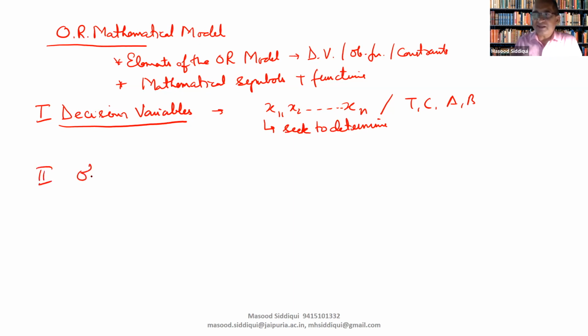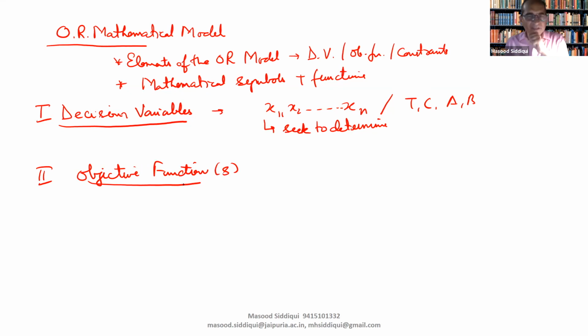The second part is related to the goal of our problem, which represents the effectiveness of the system. This is known as the objective function. It can be single, or it can be more than one. Initially when we consider linear programming, we have a single objective function.